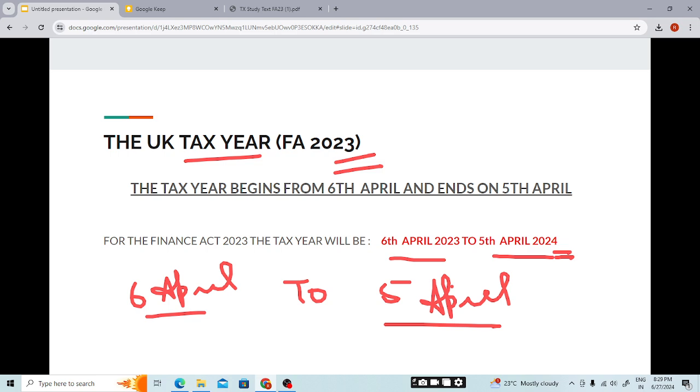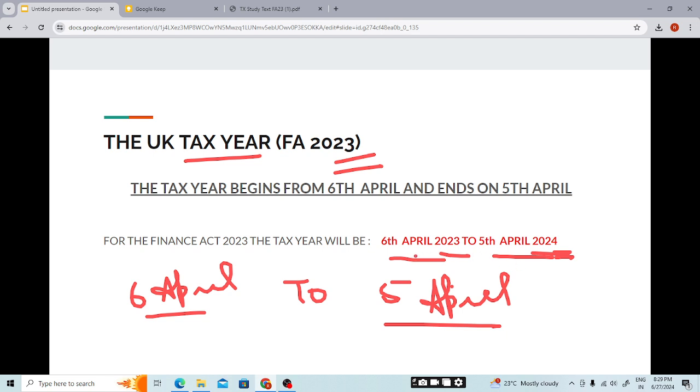But tax is paid after the whole year has passed, no. So according to that, the tax year will be 1 year back. So the year we'll be following is 6th April 2023 to 5th April 2024.